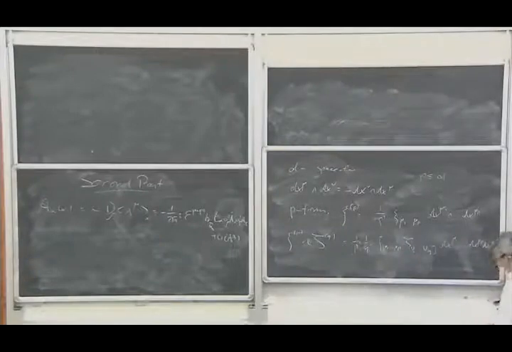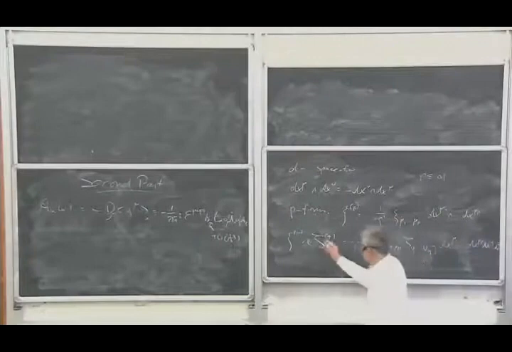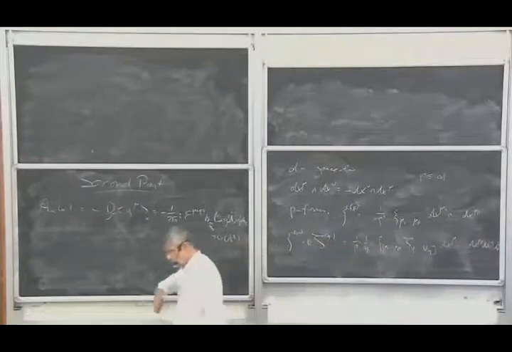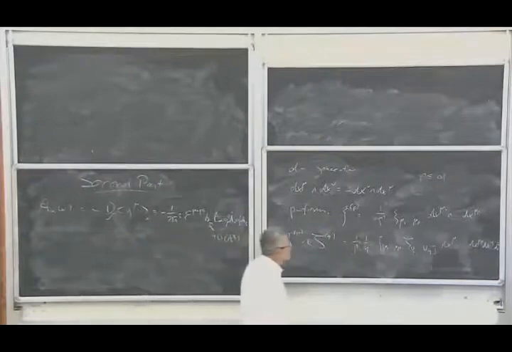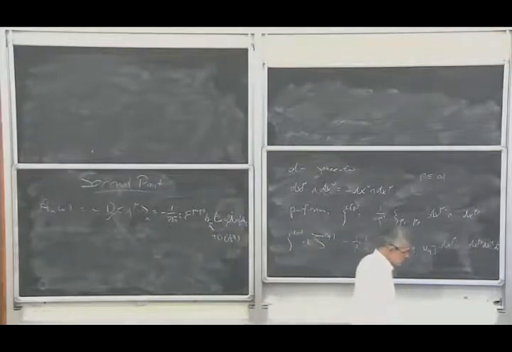Now, an important thing is how these objects transform under coordinate transformations. Under coordinate transformations, the different fields can transform as scalars, vector fields, tensors, and so on.